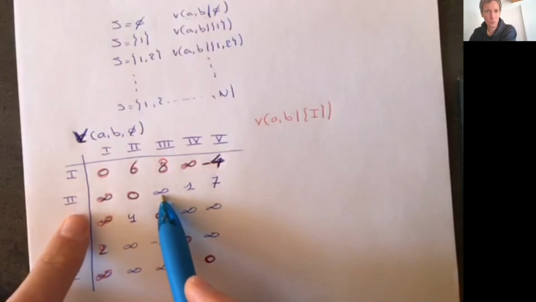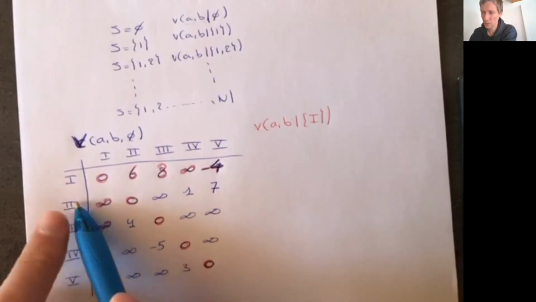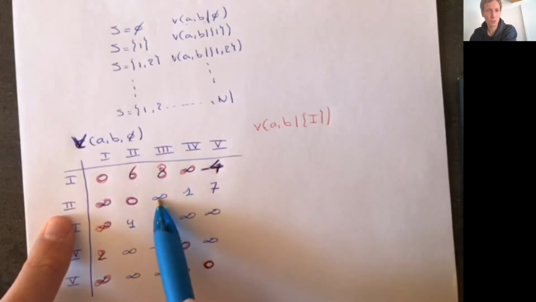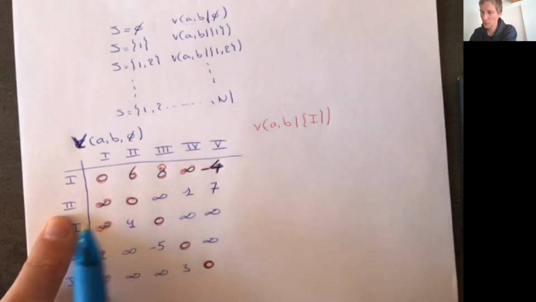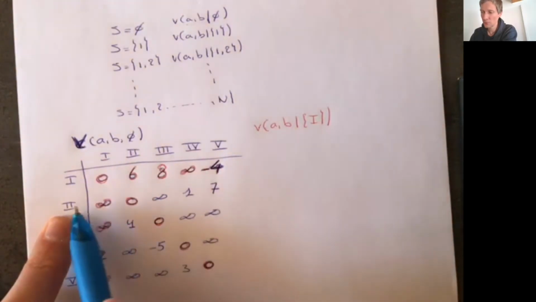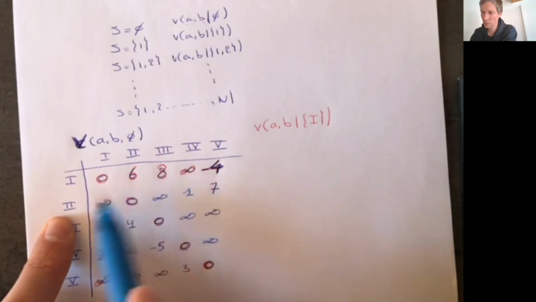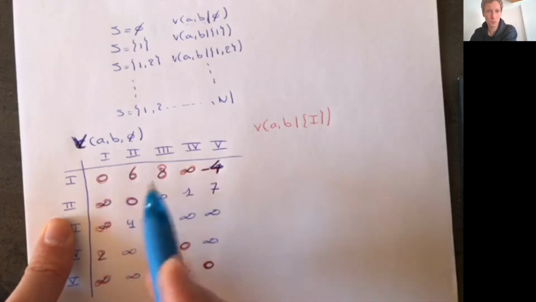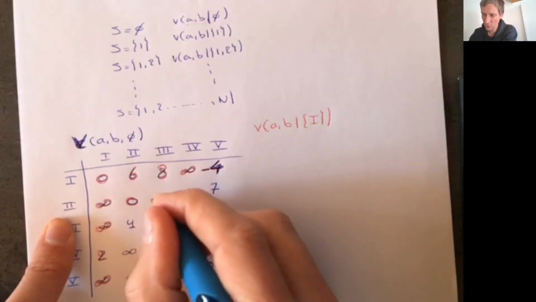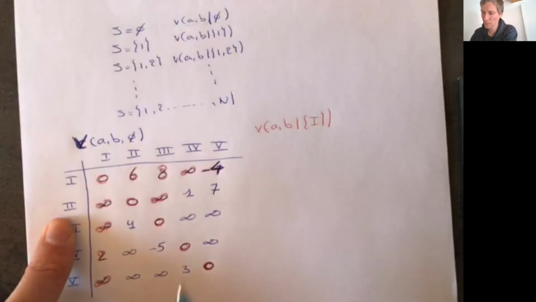Now let's, for example, look at this entry here, right? Here you're going from node 2 to node 3, which has a cost of infinity, but I'm also allowed to go first to node 1, and then from node 1 to node 3. But from 2 to 1 is already infinity, so this is not going to help you, so this is going to stay at infinity.